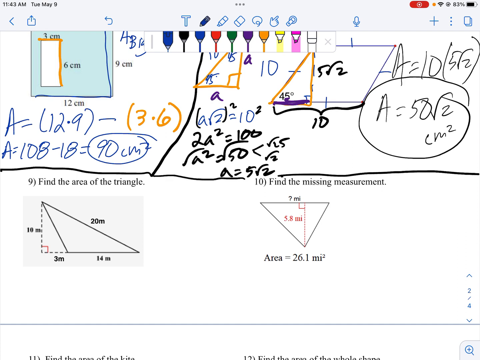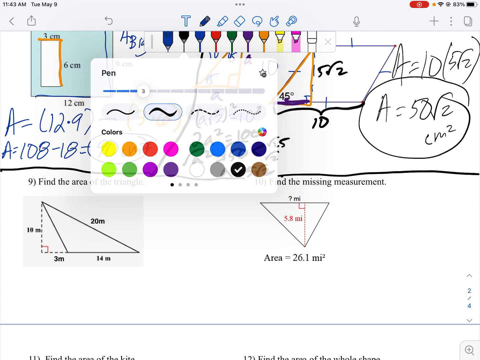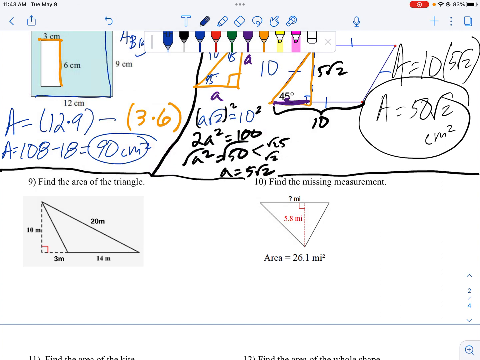All right. So let's talk about number 9. Number 9 says find the area of a triangle. Remember, it's 1/2 base times height, or base times height divided by 2. So the area equals base. I want the base of the triangle. The solid triangle is right there. That is the base. The 3 is there just to confuse you, or sometimes it helps you find the height of the shape, right? But luckily for us, our height is right here.